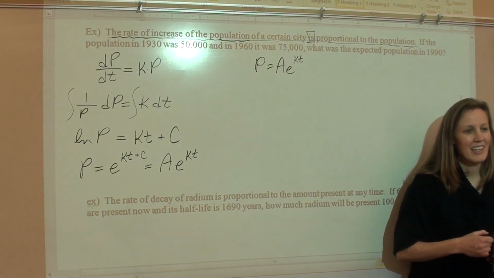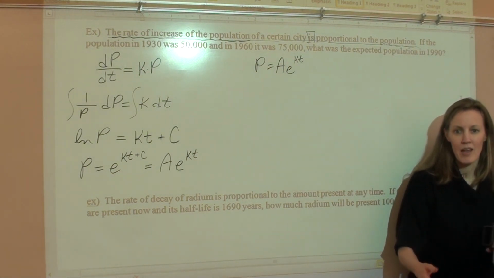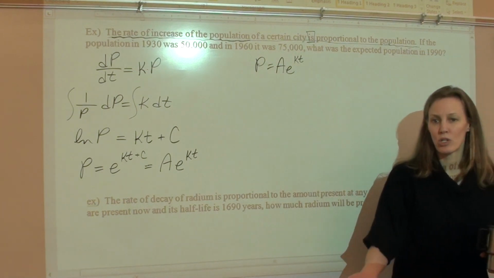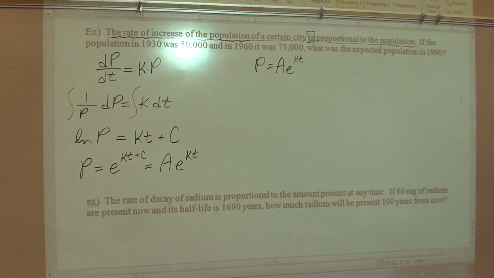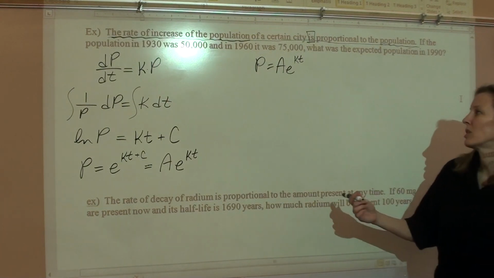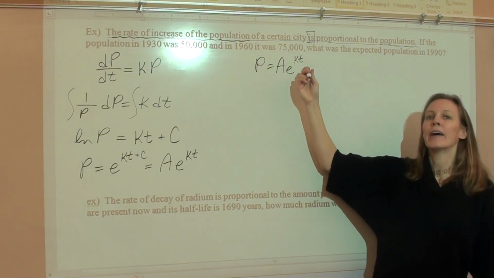PERT is for any natural exponential growth or decay. It's also for continuously compounded interest in banking. So Pert is the formula that you use for any natural exponential growth or decay. If you're using Pert, which we're going to call A e to the kt, right?